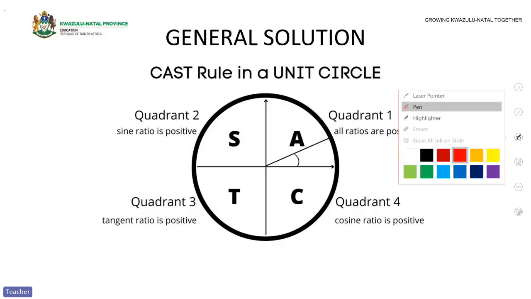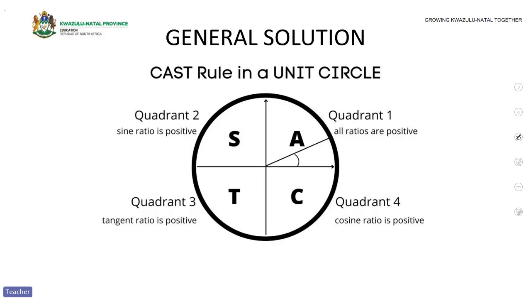In the first quadrant all our trig ratios are positive. In the second quadrant sine is the only one that is positive. In the third quadrant tan is the only one that is positive. And in the fourth quadrant cosine is positive.